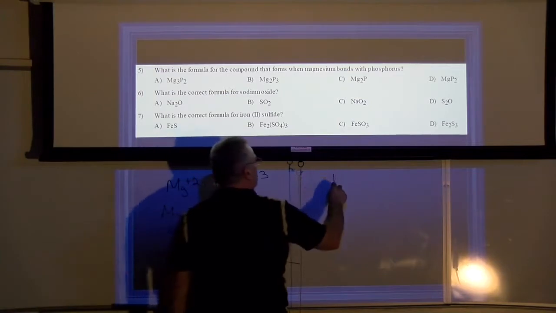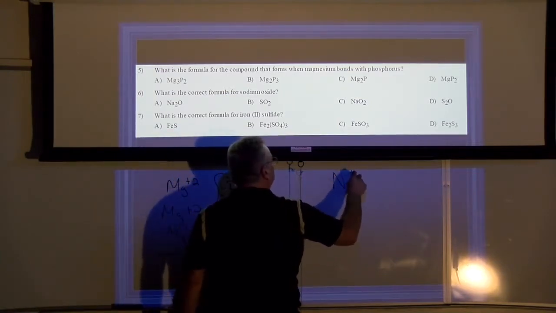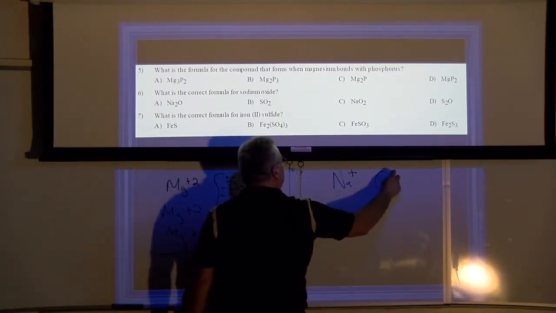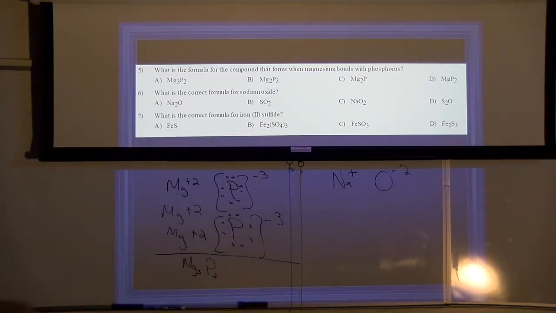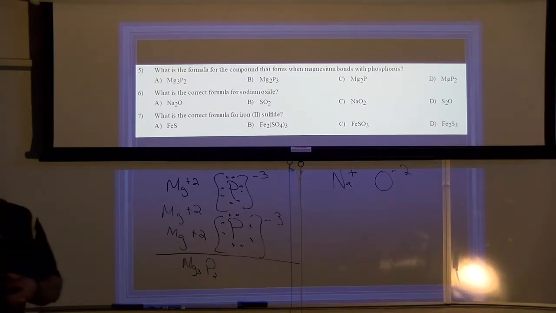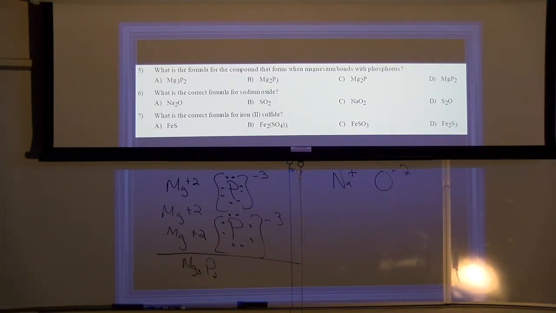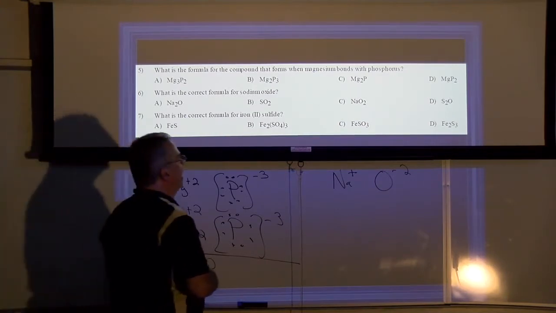Sodium is a +1 piece, and oxide's a -2. Now I'm not going to draw the Lewis dot structure. Which choice would work? Choice 1 is correct. See, you're getting it, right? And now let's look at question 7. Iron 2 sulfide.